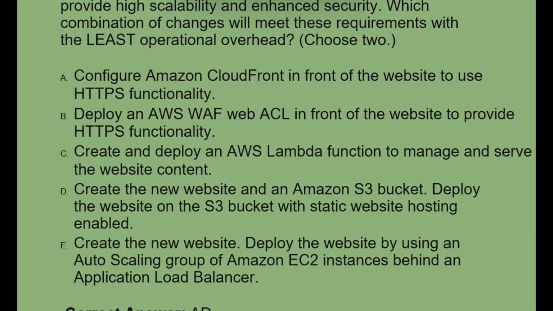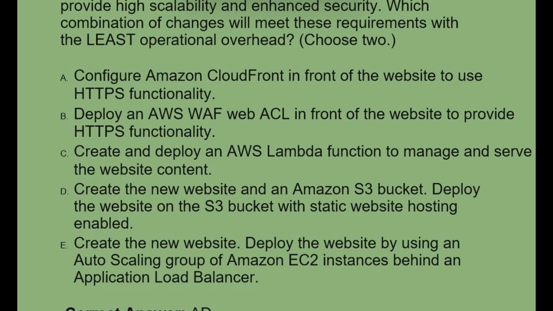Option A. Configure Amazon CloudFront in front of the website to use HTTPS functionality. Option B. Deploy an AWS WAF web ACL in front of the website to provide HTTPS functionality. Option C. Create and deploy an AWS Lambda function to manage and serve the website content.